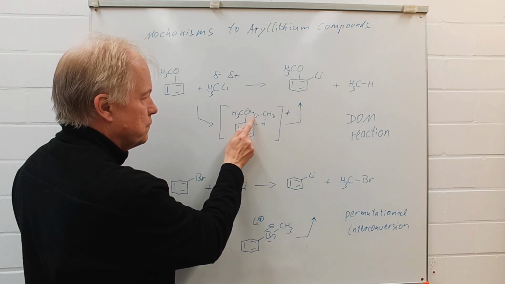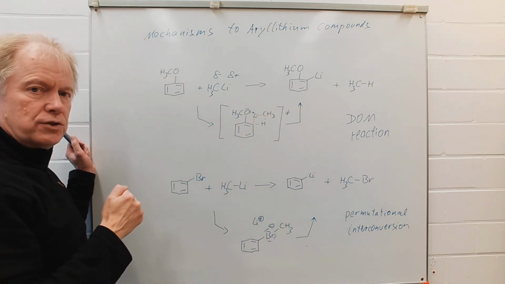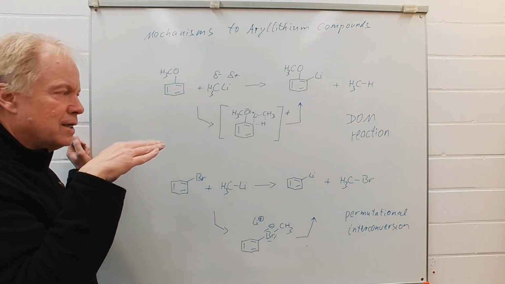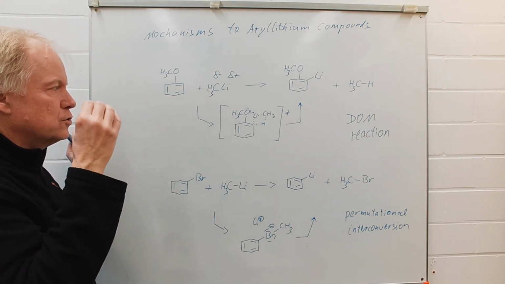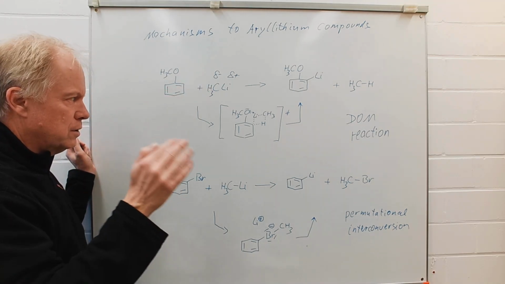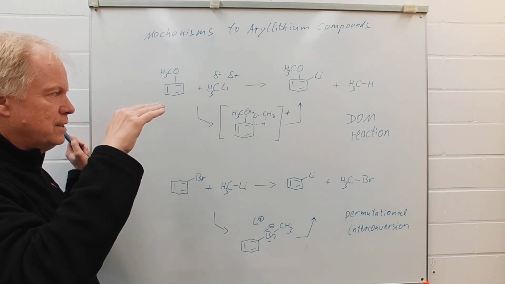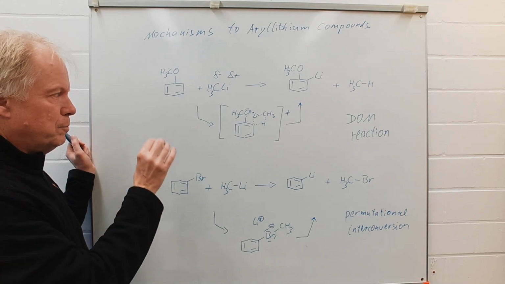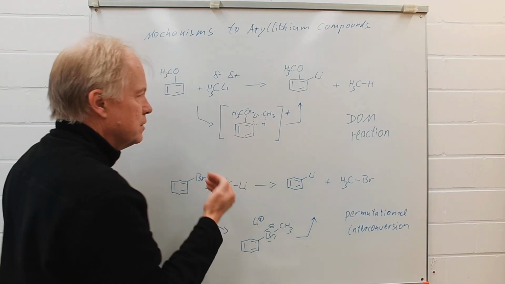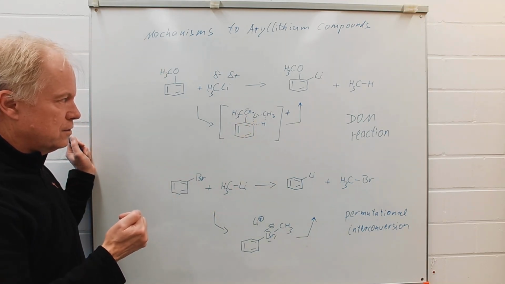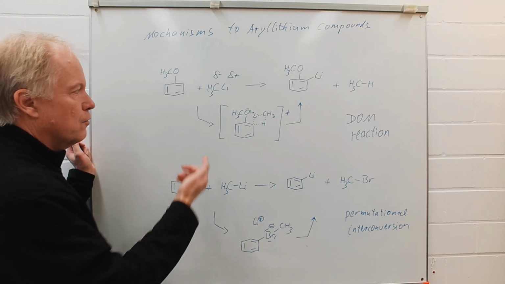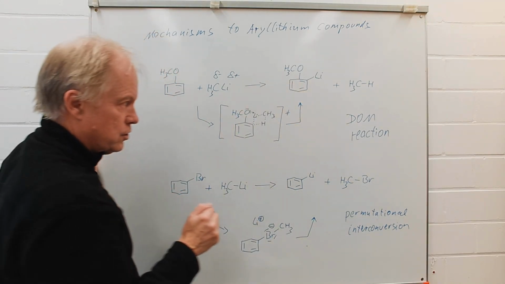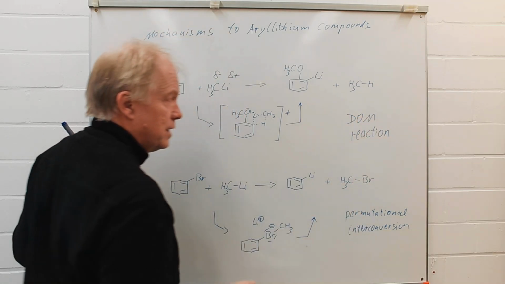coordinates to the lithium during the transition state, thus diminishing, at least to a considerable extent, the energy barrier. So the complexation within the transition state is decisive for the orthoselectivity of this reaction, which is called the DOM reaction.